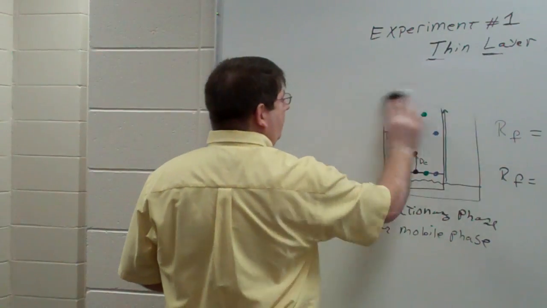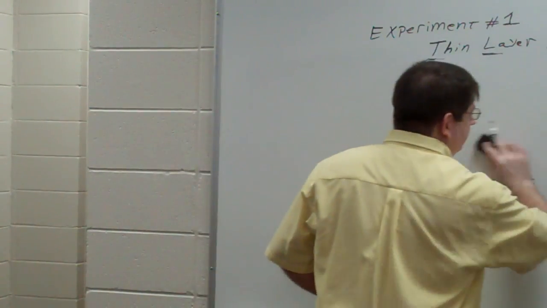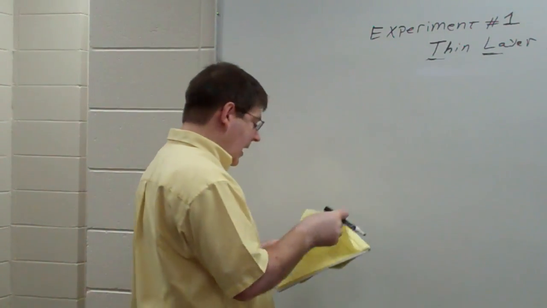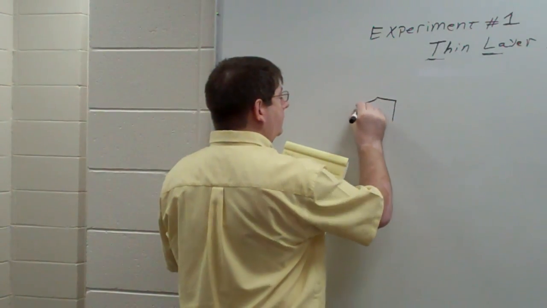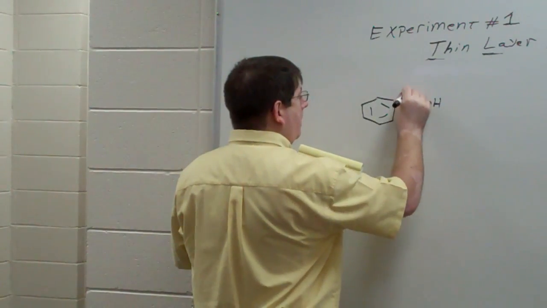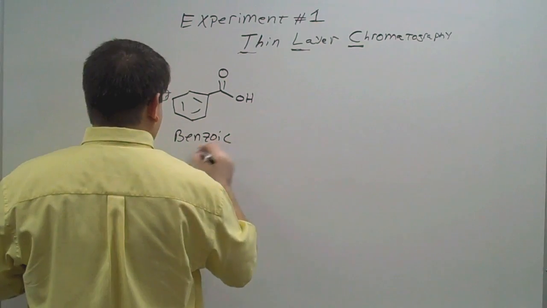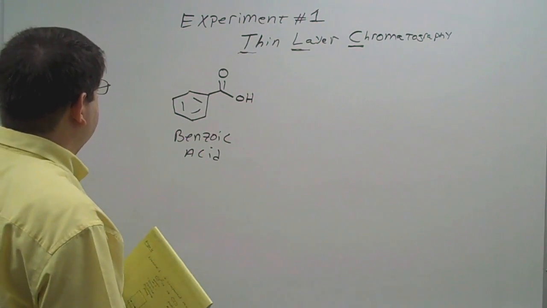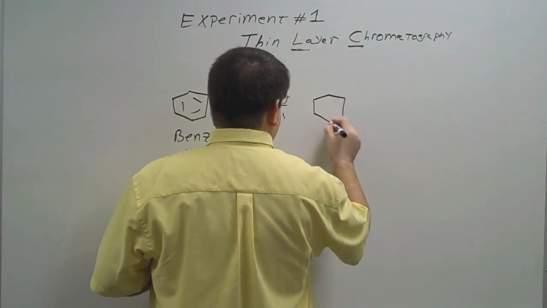So let's look at an example where we have two components. Let's suppose we have benzoic acid in our sample, and we have naphthalene.